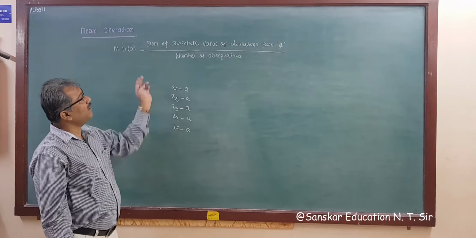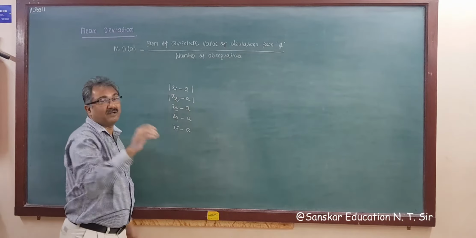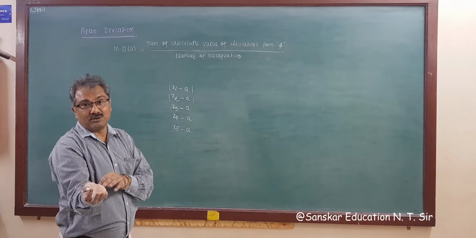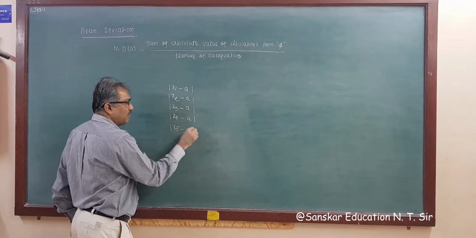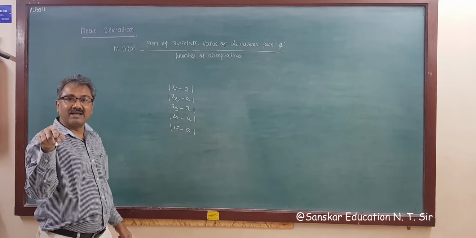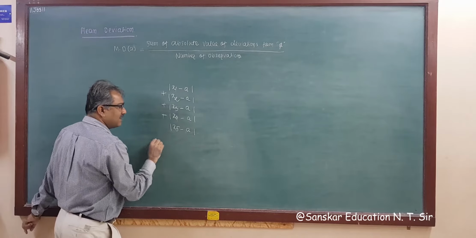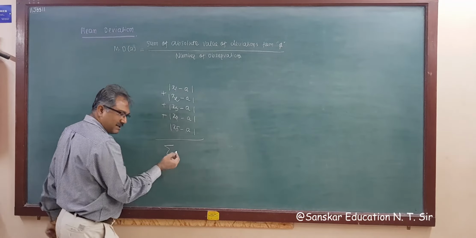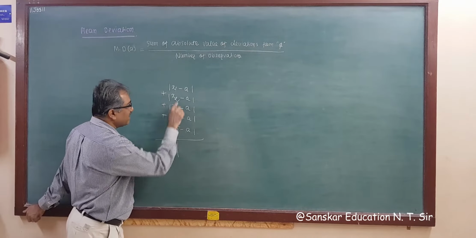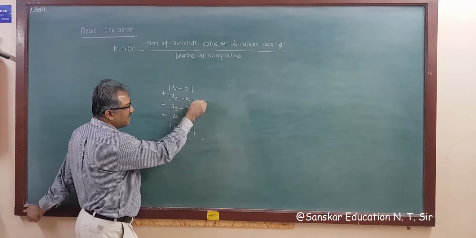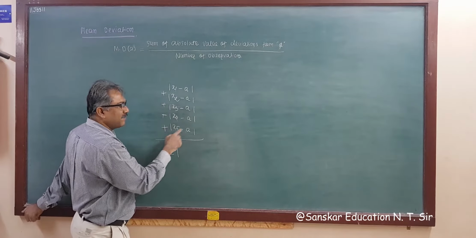And we sum the absolute values, that is, we have to take the modulus, because sometimes x1 minus A may be negative also. That's why we take the absolute value and then sum. Sum means we add all of these, and for this we have the notation sigma. This is |x1 minus A| plus |x2 minus A| plus |x3 minus A| plus |x4 minus A| plus |x5 minus A|.